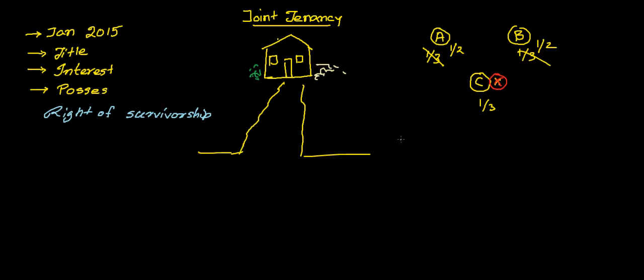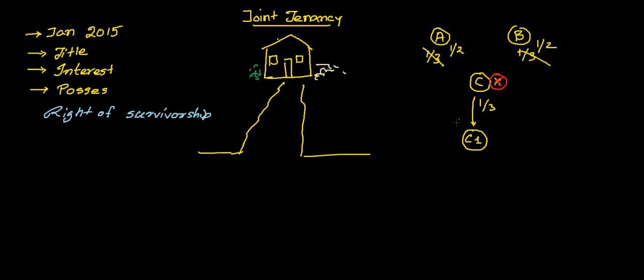In joint tenancy, the heir of C, maybe C's son or kids, cannot get the ownership, because that's how joint tenancy works.